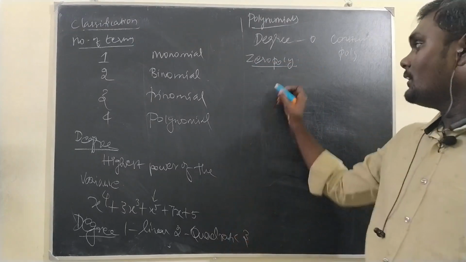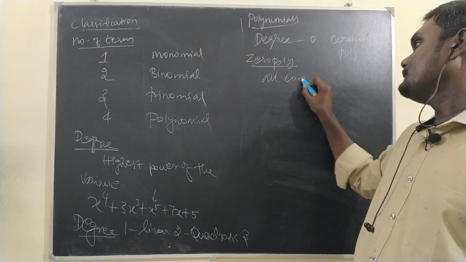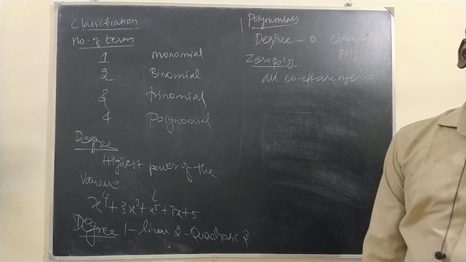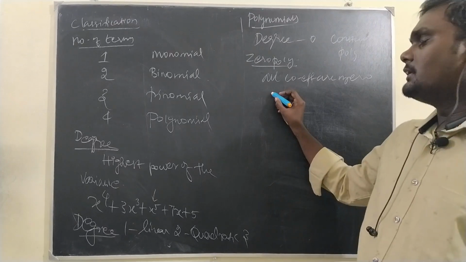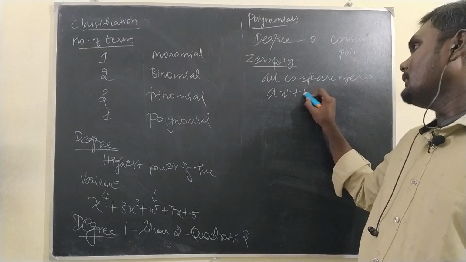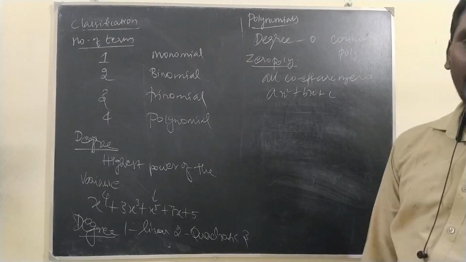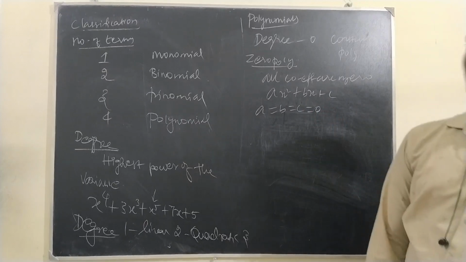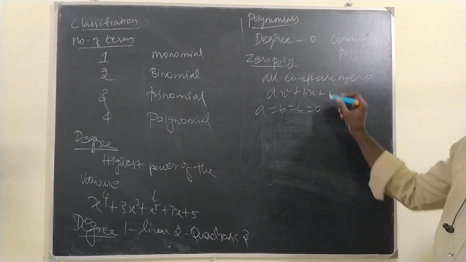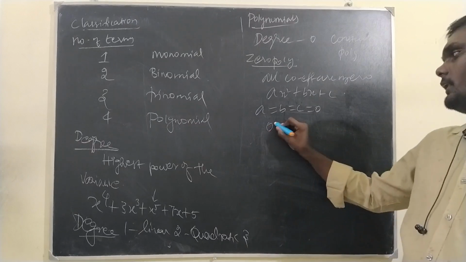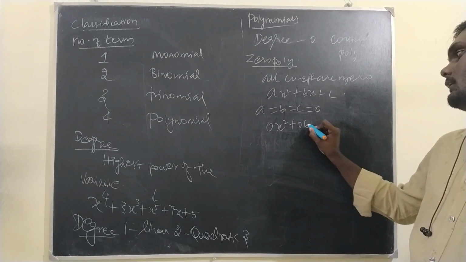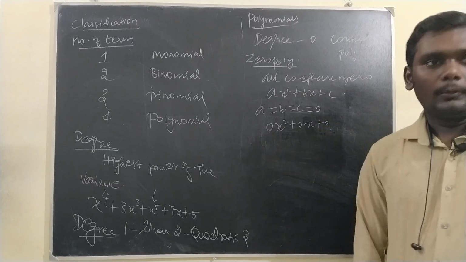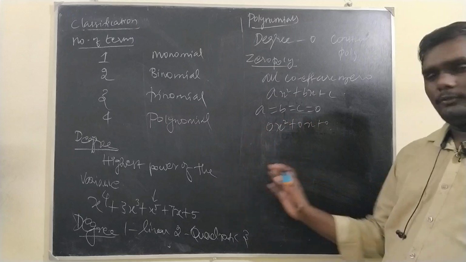Zero polynomial means all coefficients are 0. How can all the coefficients be 0? For example, ax square plus bx plus c is a polynomial I am having. Suppose we have a equals b equals c, all equal to 0. What do we have at last? 0x square plus 0x plus 0. This is what? Zero polynomial. Okay, simply the value is overall 0.